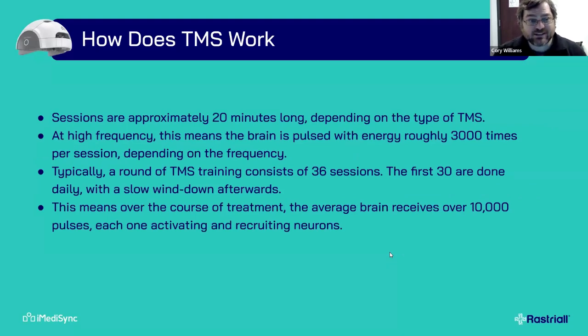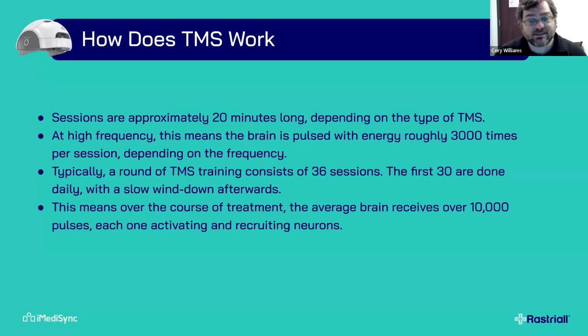So a little bit on the logistics of this. When clients come in, they're typically in the office for about 20 minutes receiving the treatment. This is a little bit dependent on frequency, but the coil will pulse magnetic energy roughly 3,000 times. Most TMS protocols consist of 36 sessions. The first 30 are done relatively intensely.